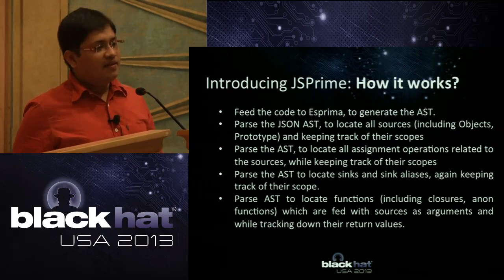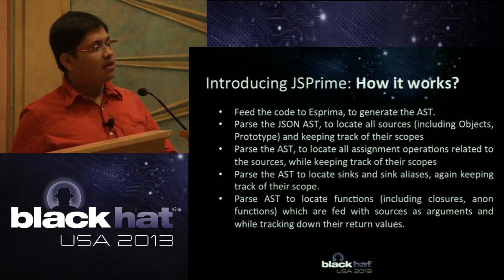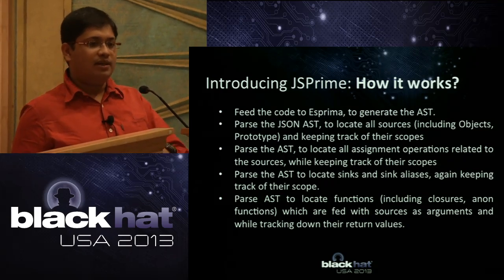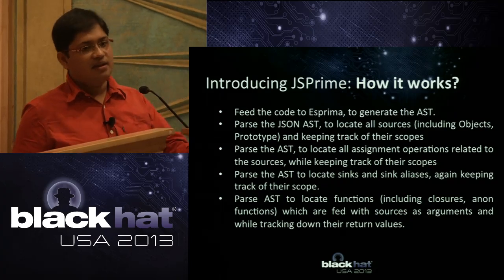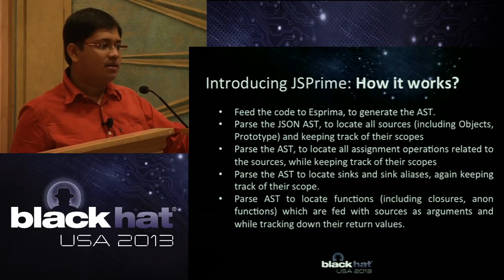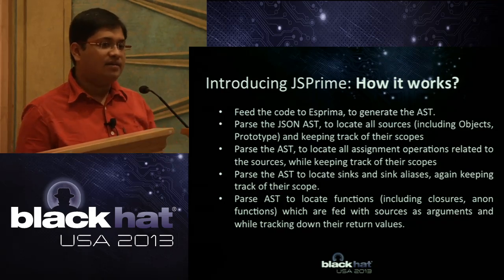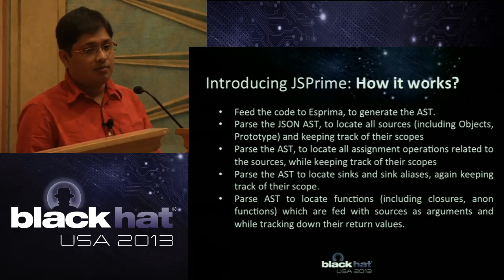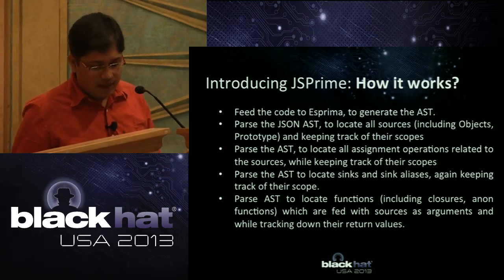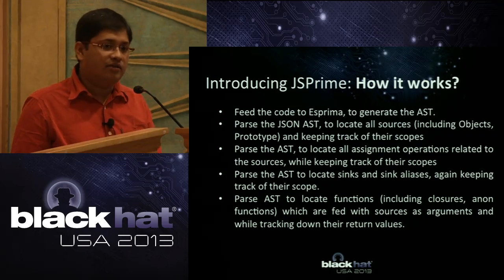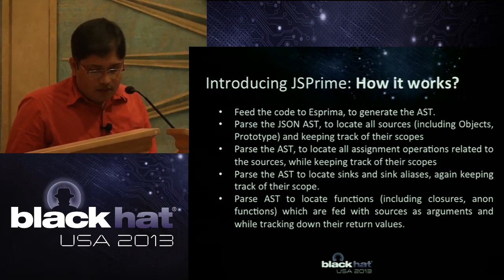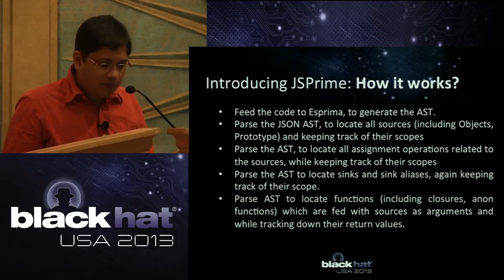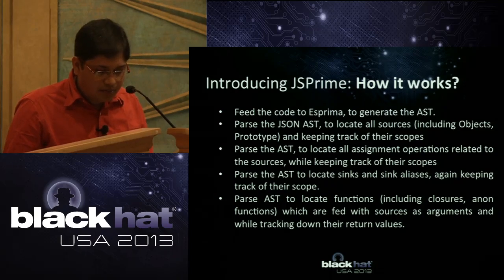There might be cases where user input is not directly passed to eval, but we have created an alias for eval. For example, say x is equal to eval. Now we are passing something into x. If you read it in the code, x is not eval, but at runtime x is eval. So again we keep track of all of them, along with their scope.